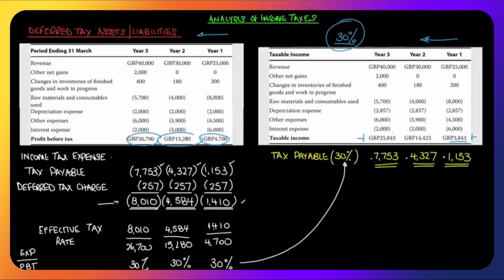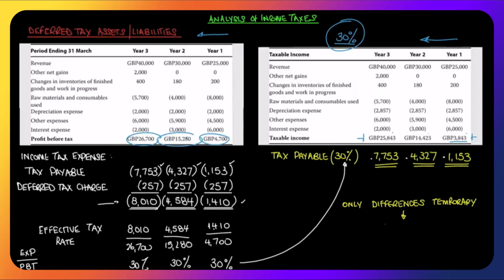None of that is coincidence. When the only difference is, and we mentioned this earlier on, if the only differences between your taxable income and your profit before tax are temporary, we make adjustments for those.